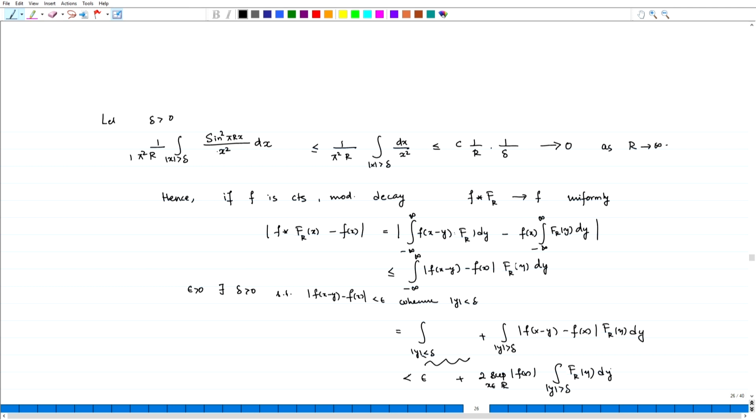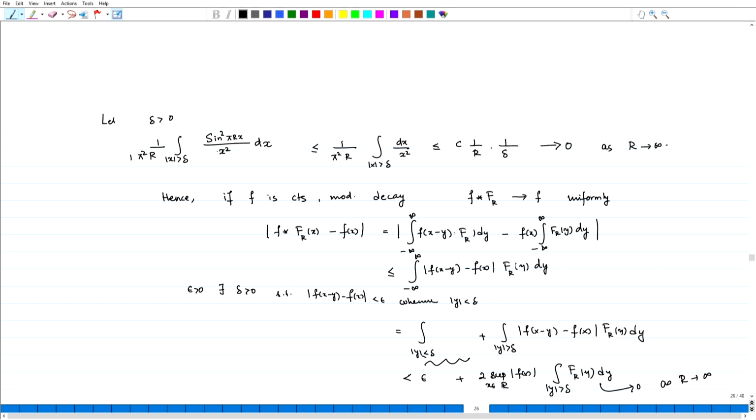Just by the third property this goes to 0 as r goes to infinity. Exactly the same proof works for this Fejer kernel if our f has moderate decay and is continuous.